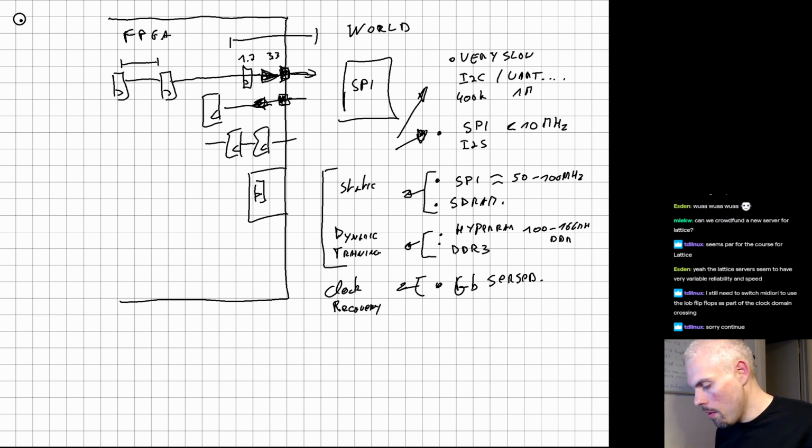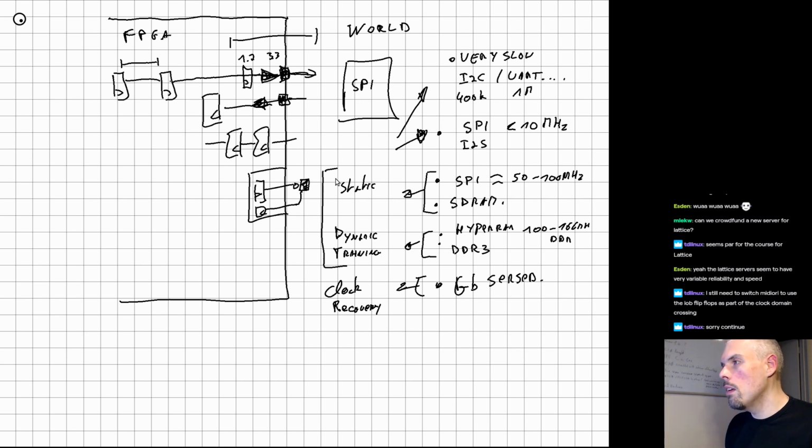So that's what we're gonna work on now. Now, the unfortunate thing is that the open tools basically don't support I/O timing analysis at all. Like, Next PNR can't tell you how much time the flip-flop here is gonna take to put the data on the pad, and it can't tell you how much time, like the input flip-flop, what's the setup time is gonna be to the pad, stuff like that.